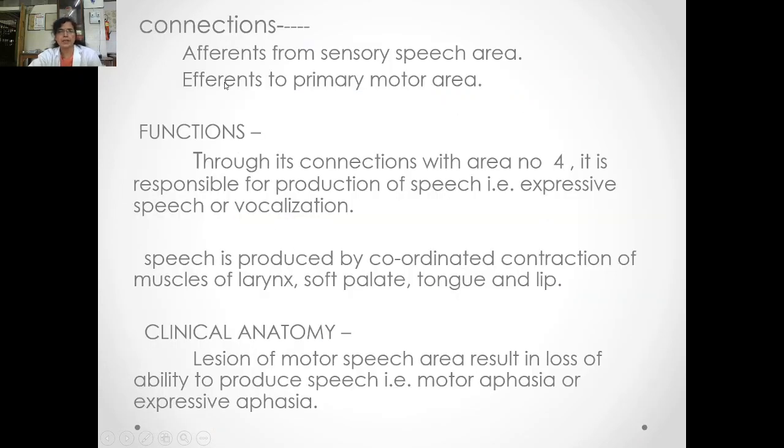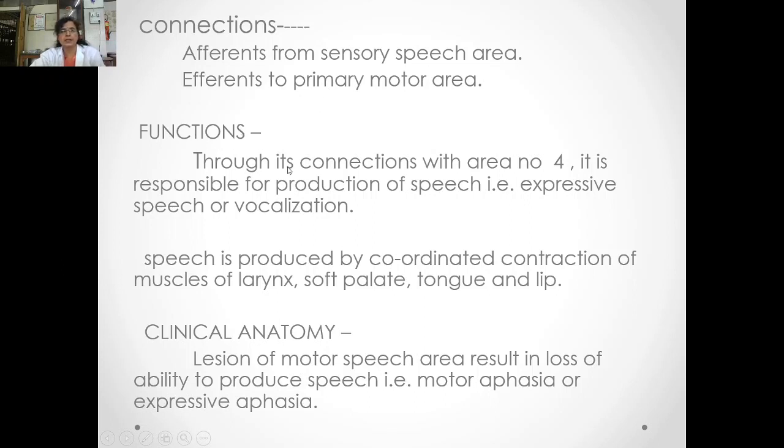Connections of this area: it receives afferents from the sensory speech area, and efferents go to the primary motor area, area number 4. By receiving efferents from this motor speech area, the primary motor area stimulates the muscles responsible for the production of speech.